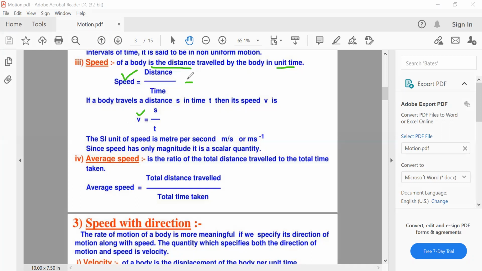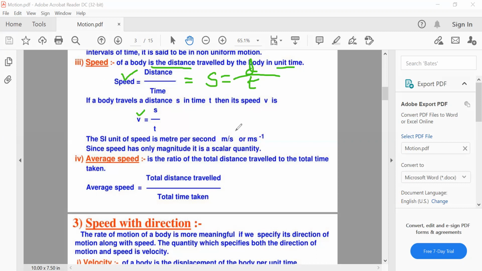Generally we can write this equation: s is equal to d by t, where d is the distance and t is the time. So this gives the speed concept.